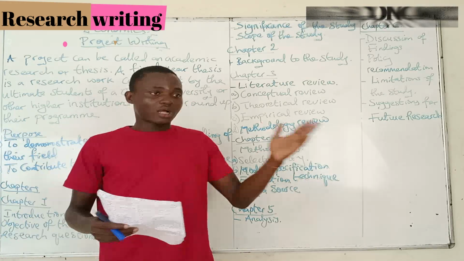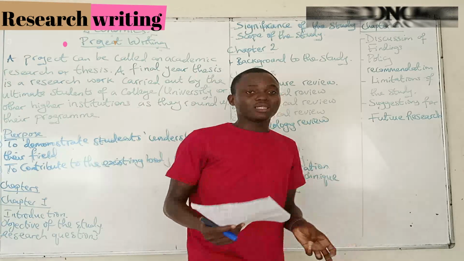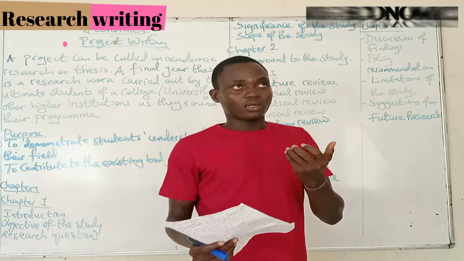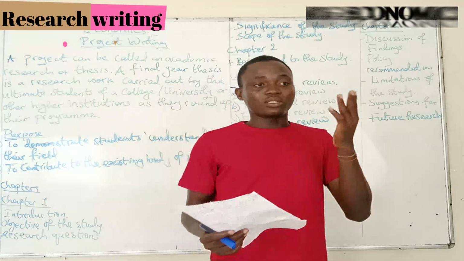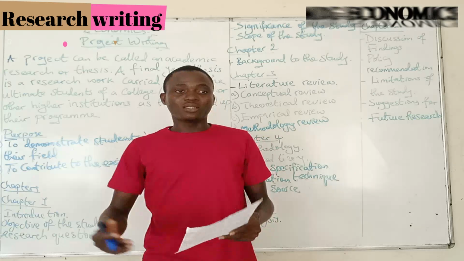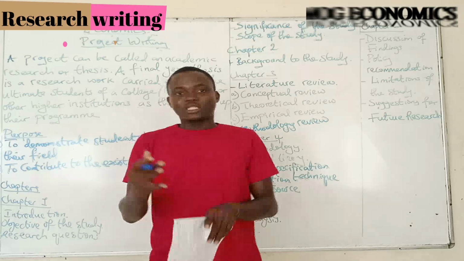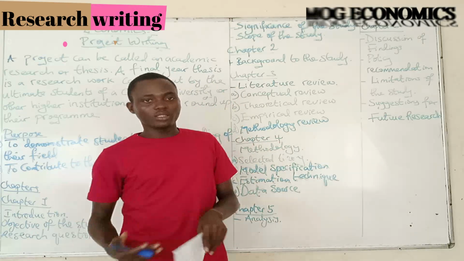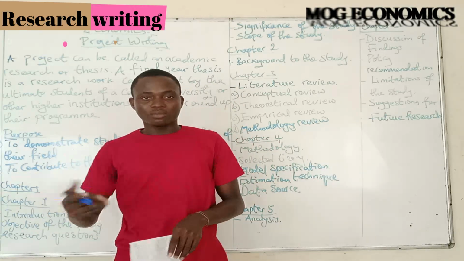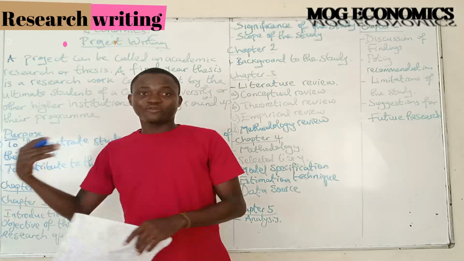So according to your research and everything that you've done using this technique, you realize that there is a positive relationship between inflation and economic growth, and this can be backed up by studies. Maybe Oloye 2021, maybe Adam 2019, maybe Chukudi 2014.